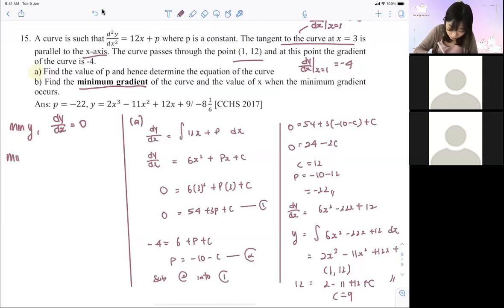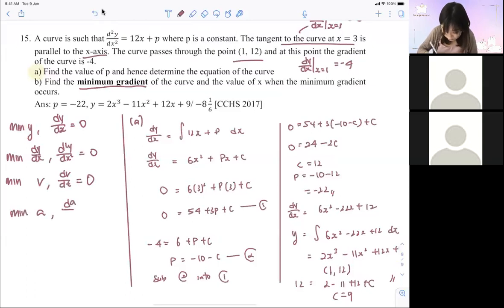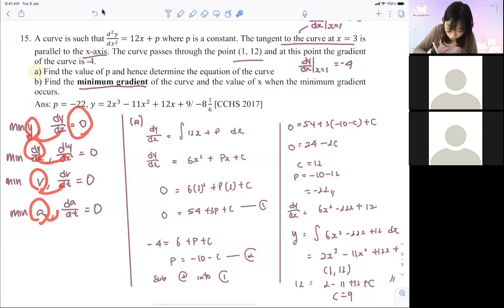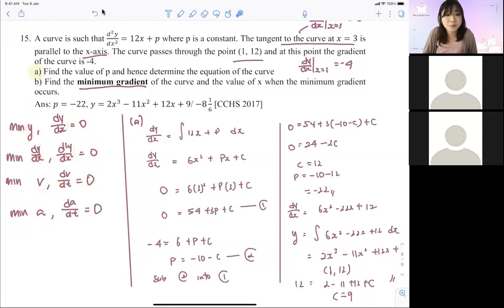If I want minimum gradient, you differentiate gradient equals to 0. If I want minimum velocity, you differentiate velocity equals to 0. If I want minimum acceleration, you differentiate acceleration equals to 0. I want the minimum or maximum of anything, you differentiate that equals to 0. Can you see?